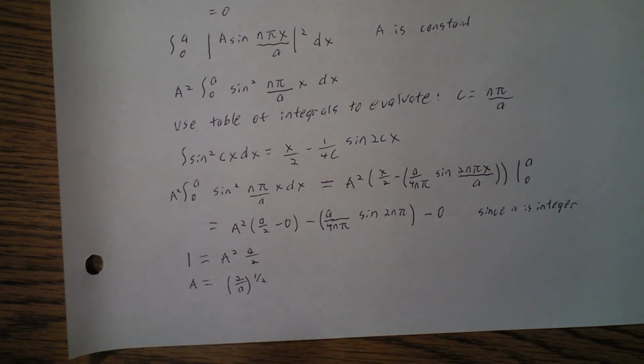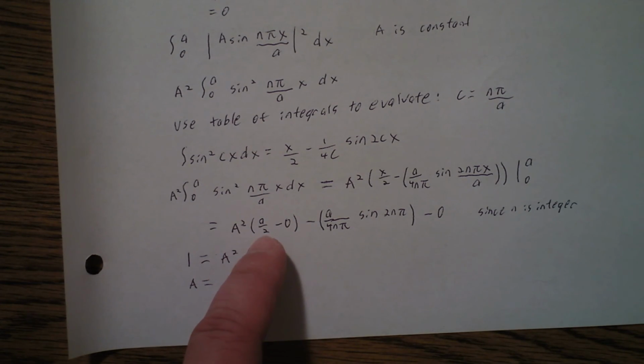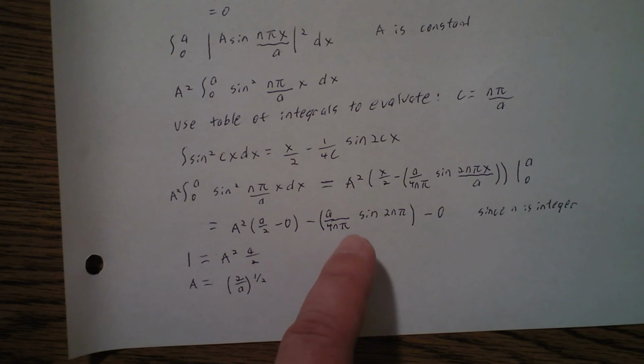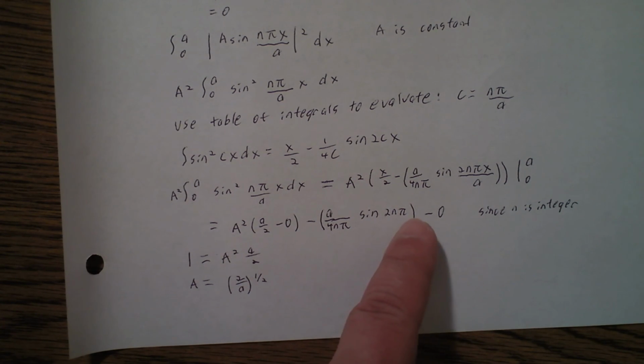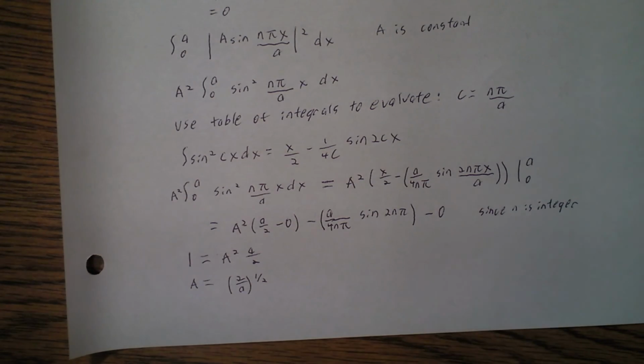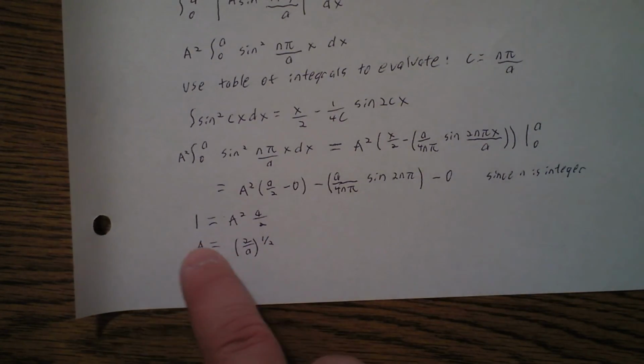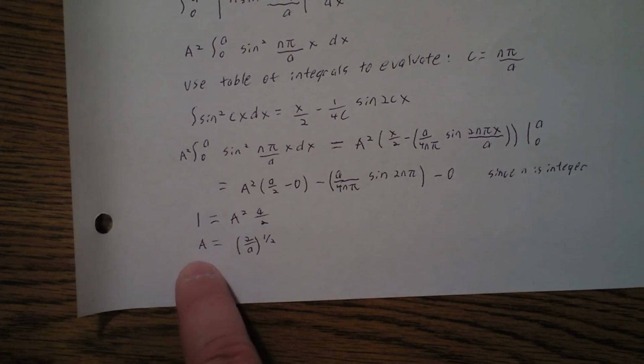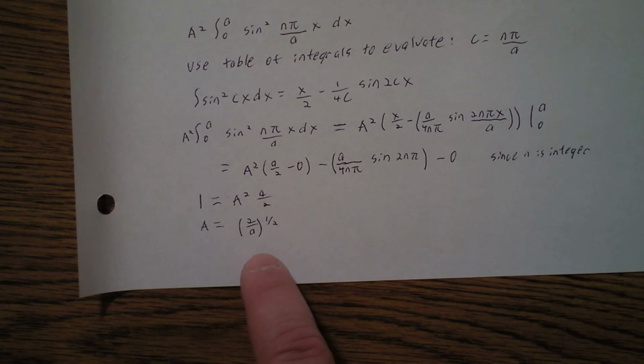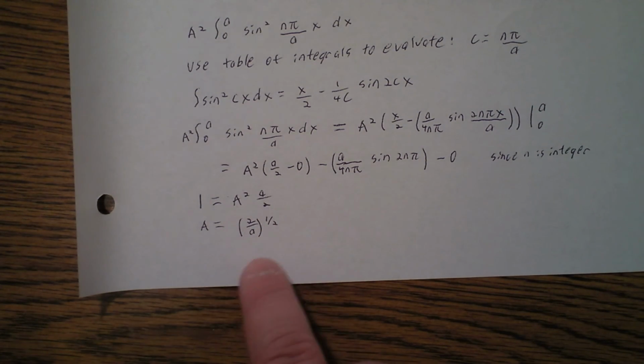And that's going to be equal to A squared times a over 2 minus 0 minus a over 4 n pi sine 2 n pi minus 0, since n is an integer. And of course that's equal to 1. So 1 is equal to A squared a over 2. So we end up with A is equal to the square root of 2 over a.